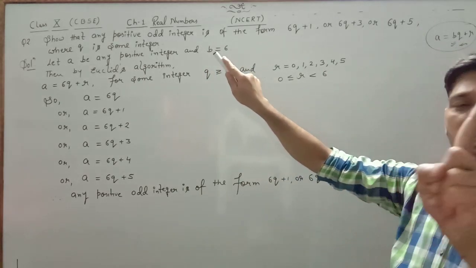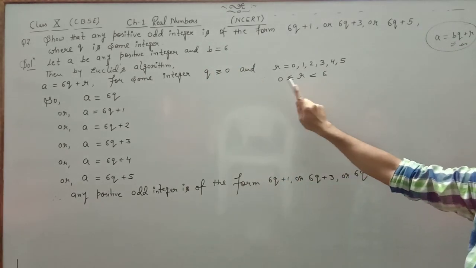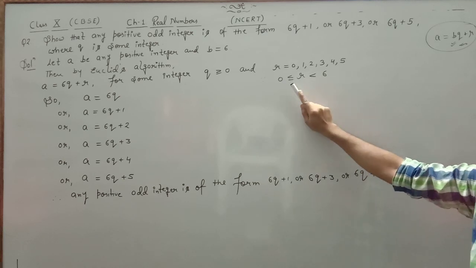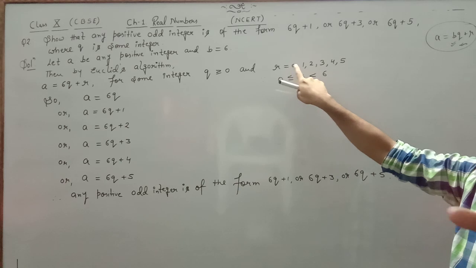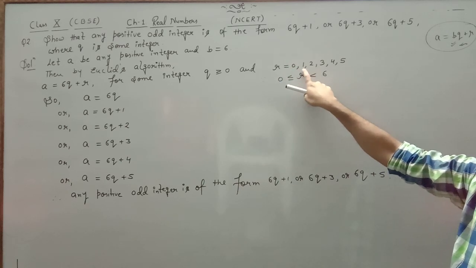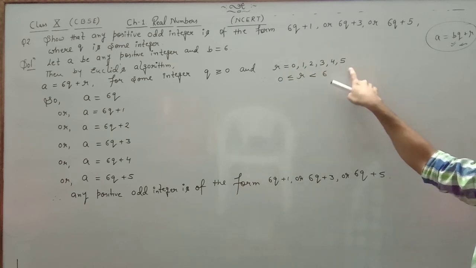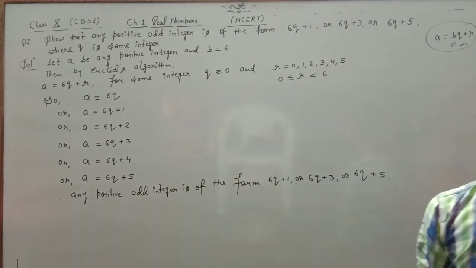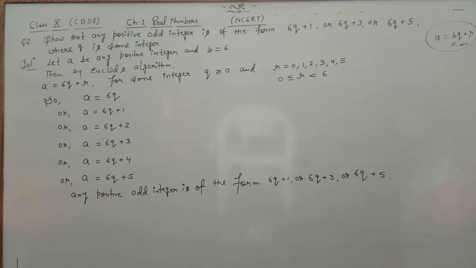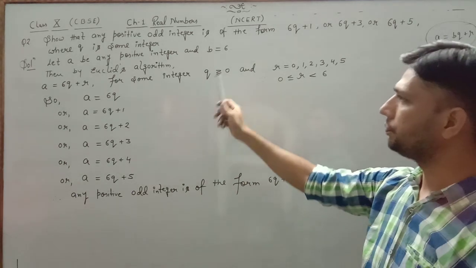If b is equal to 6, then the remainder always lies between 0 and 6, equal to 0 but not equal to 6. It means the possible remainders are 0, 1, 2, 3, 4, 5. And integer q is greater than or equal to 0, because q is the quotient.